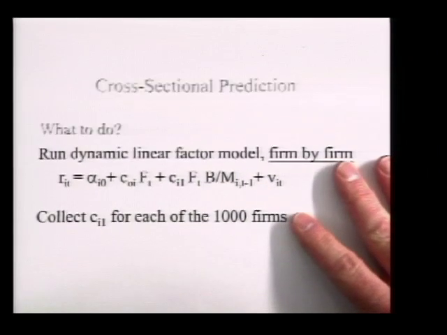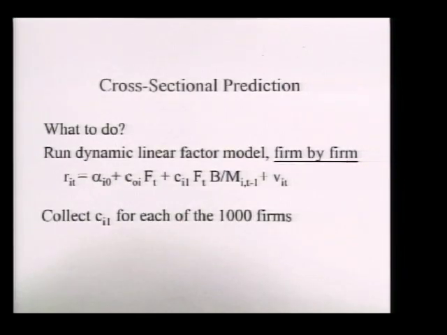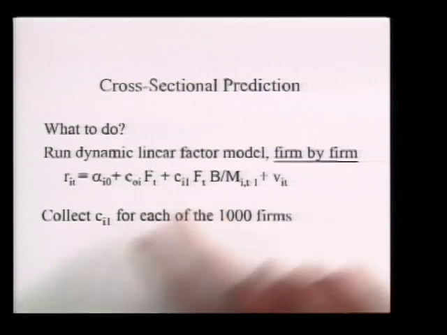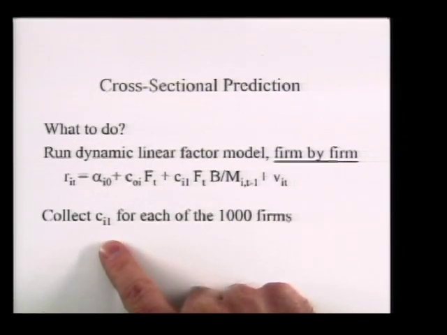So there is a simple way to adjust the attributes. Basically, what we're going to do is firm by firm. So we had 1,000 firms. We're going to run 1,000 time series regressions over 5 years, let's say, and estimate the usual beta and the C1 coefficient. So run this 1,000 times and collect the C1s for every single firm.